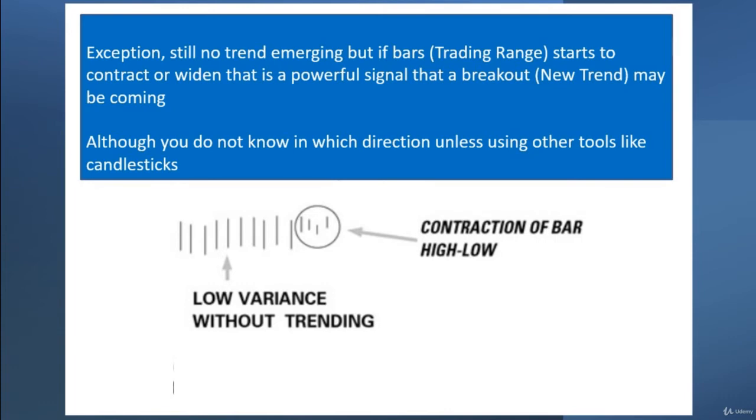If you have that orderly low variance without trending, and then all of a sudden you see the highs and lows start to contract, as in the example in the circle here, that means we may see a dramatic move in another direction, either up or down. So watch for that contracting, or it could be an expansion of the bars too. Either way, it's starting to get less orderly as far as the bar length.